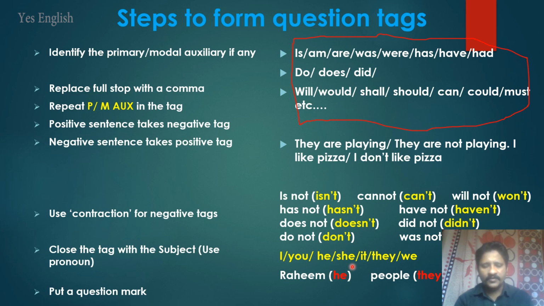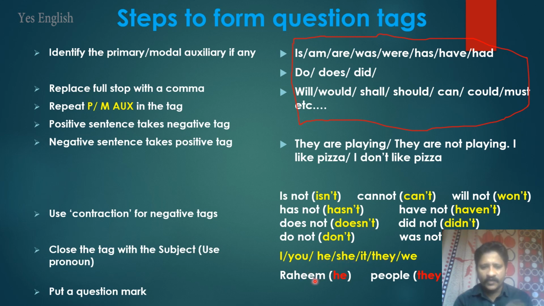For example, if you happen to see the subject in a sentence as Rahim, Rahim is a proper noun as it is the name of a person. So this subject Rahim cannot be repeated in the tag. When you close the tag with the subject, the proper noun cannot be repeated in the tag. Instead, it has to be replaced with the appropriate pronoun from this list.